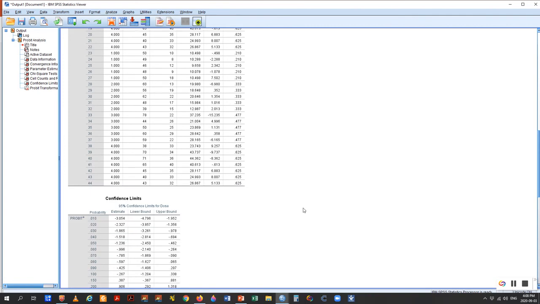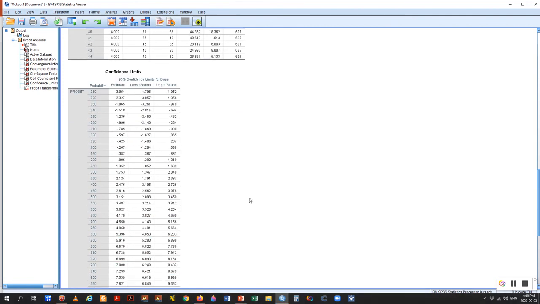So table 6, here is the confidence limits. It's the probability that indicates the proportion of the objects responding to the stimulus, in other words, bugs being killed, and the estimate of the dose, which is the independent variable. Now, it's the value of the stimulus needed to achieve this proportion. And again, it's in the form of standard deviations.